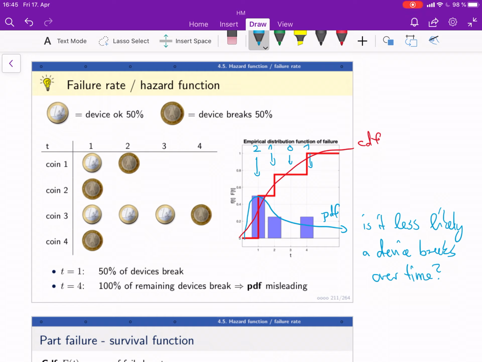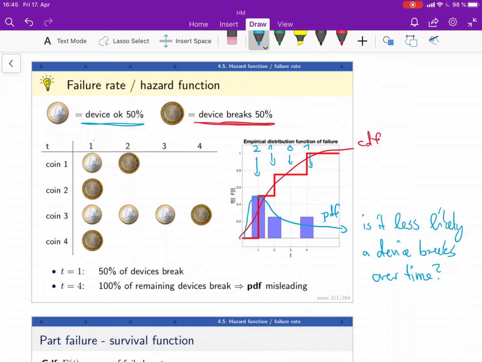And the answer is obviously not, because we've always kept it at 50% chance. So that's the little controversy that we need to clarify.